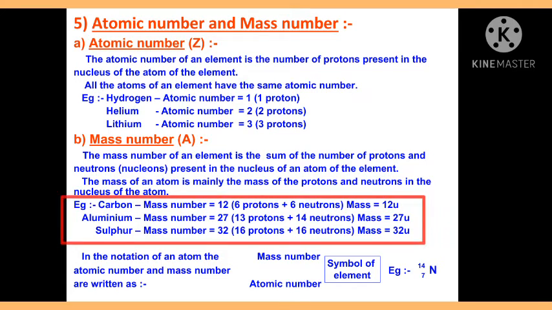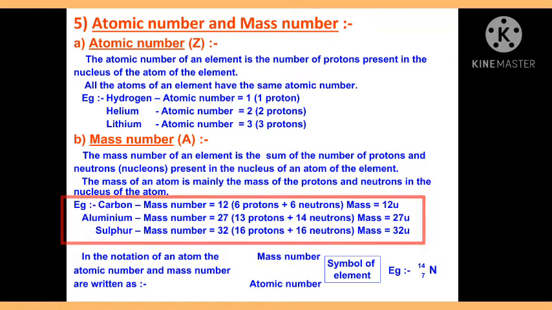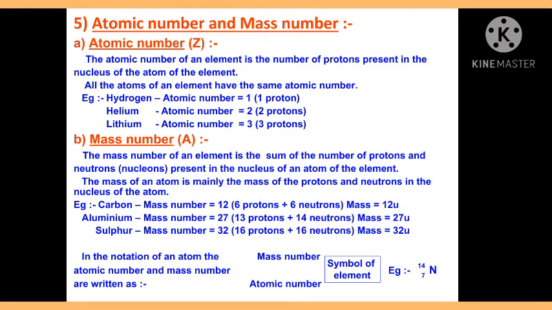The mass number is thus defined as the sum of the total number of protons and neutrons present in the nucleus of an atom. In the notation for an atom, the atomic number, the mass number, and the symbol of the element are to be written as shown in the image.